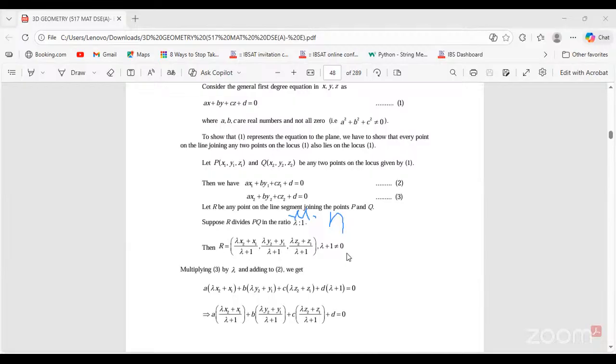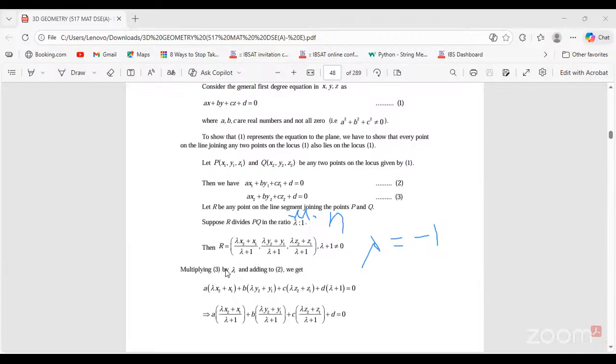Here lambda plus 1 is not equal to 0. If lambda equals minus 1, the denominator becomes 1 plus minus 1 equals 0, which is undefined. That's why lambda plus 1 is non-zero. So we get the point R, which divides the segment PQ in the ratio lambda is to 1.